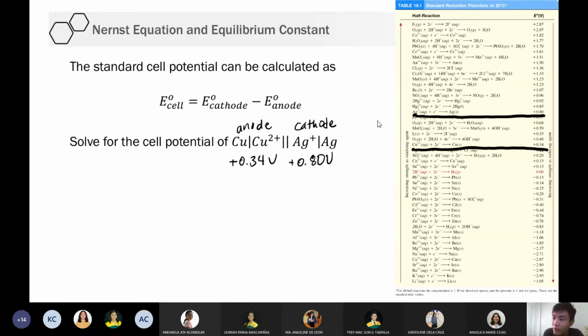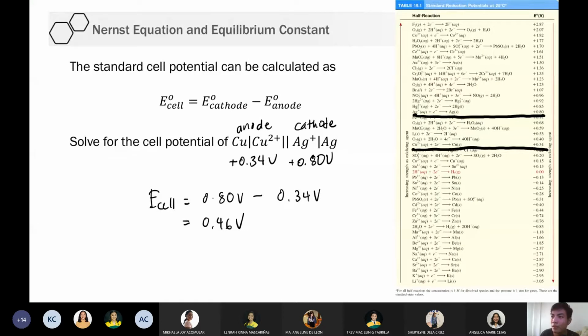Also positive. So to get the cell potential, that is the cathode minus the anode, or E right minus E left. So E cathode is 0.80 volts minus E anode, which is 0.34 volts, and the cell potential will be 0.46.